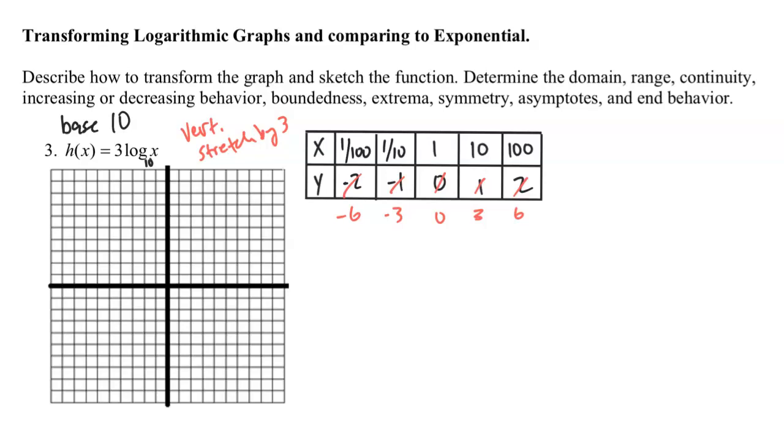And so just as best I can, I'm going to plot these points. 1 over 100 and negative 6 is going to be about right there. 1/10 and negative 3 is going to be about right there or so. 1, 0 is my familiar point right there. 10, 3 is way down here.